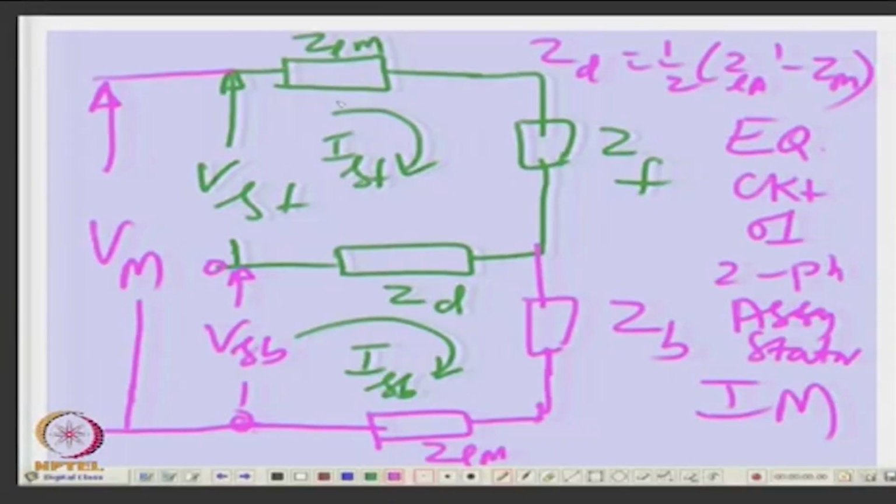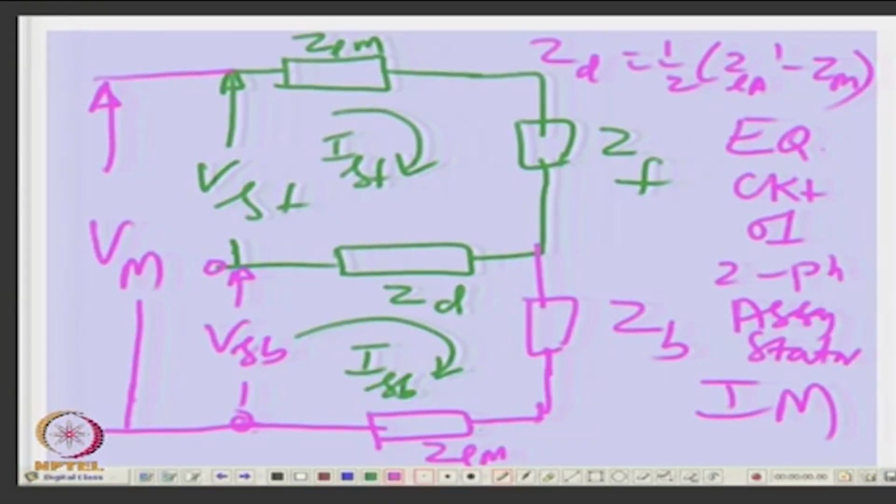If the two windings are identical, ZD is 0, so it becomes a short circuit, okay, in that situation. But in both cases you have ZLM here.